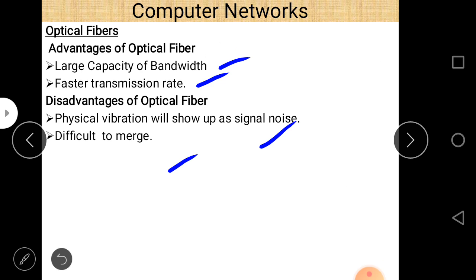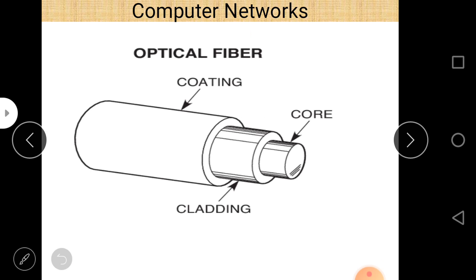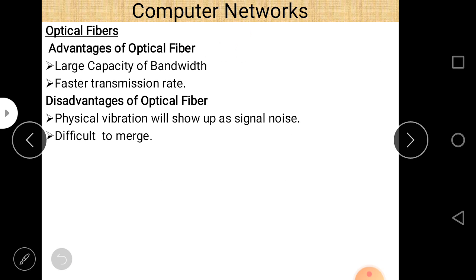Being difficult to merge is a main disadvantage of optical fiber cable. And because of the large bandwidth and faster transmission rate, in most places optical fiber cables are preferred for long distance communication.